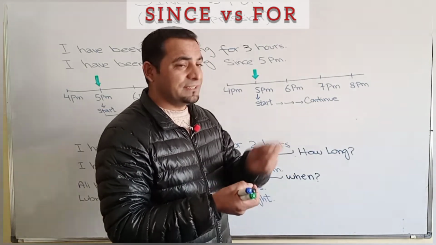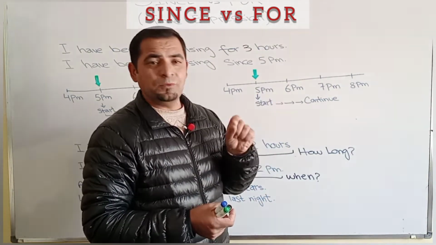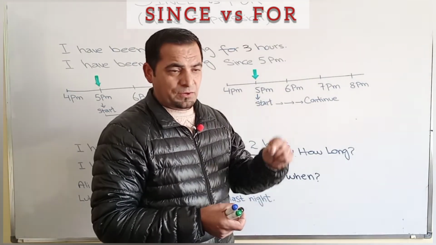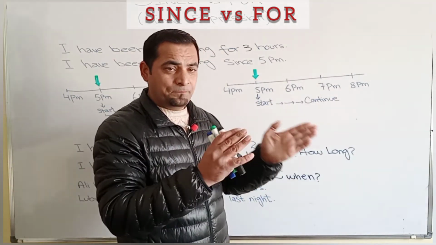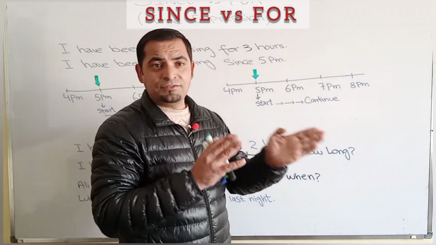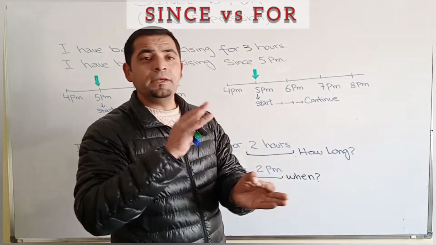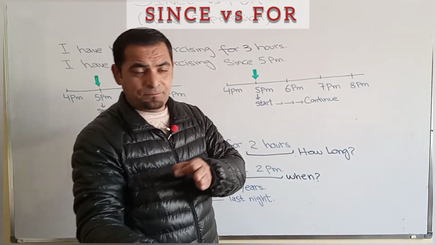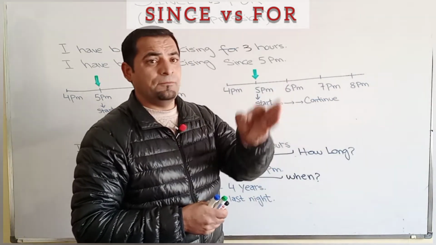So we use since when we wish to say when we started the activity. We wish to mention the beginning time, all right? The point, the beginning point, right? Not the period, not the complete period, the point of beginning or the starting point, right?